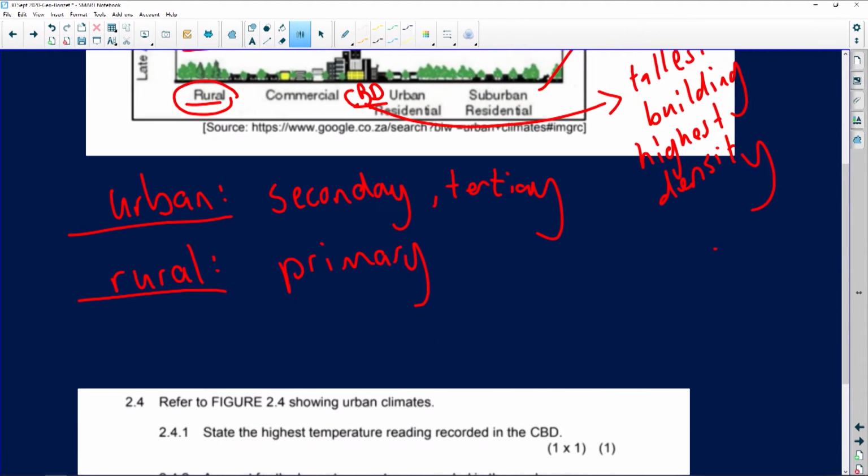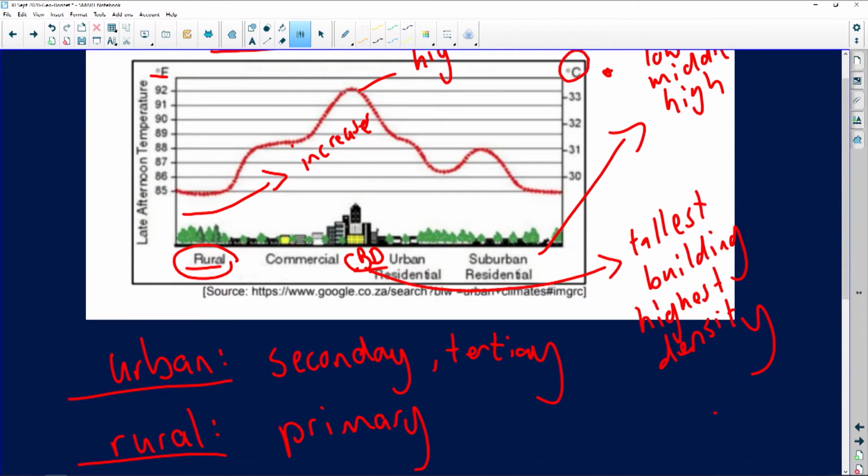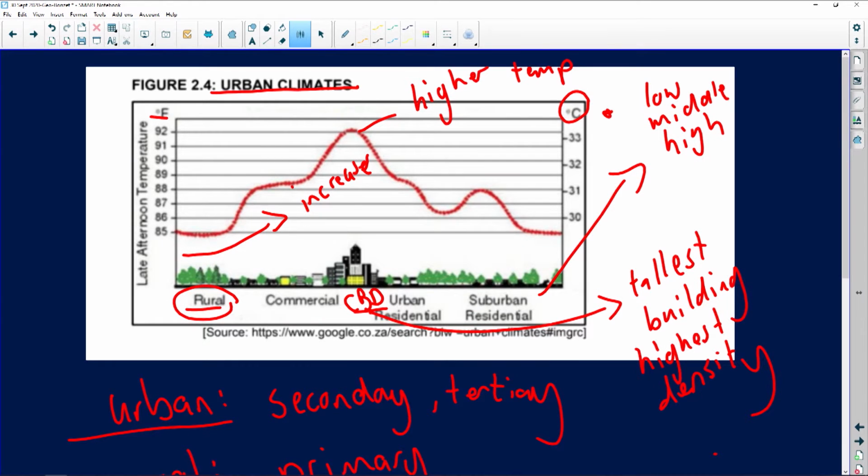Now, if you look at our first question, 2.4.1, state the highest temperature reading recorded in the CBD. Now, that's very simple. It's just by reading the information on our graph. Now, if that's 30 degrees and that's 31 degrees, so that means that's going to be 30,5 degrees. 31, 32, that's going to be 31,5, 32,5.